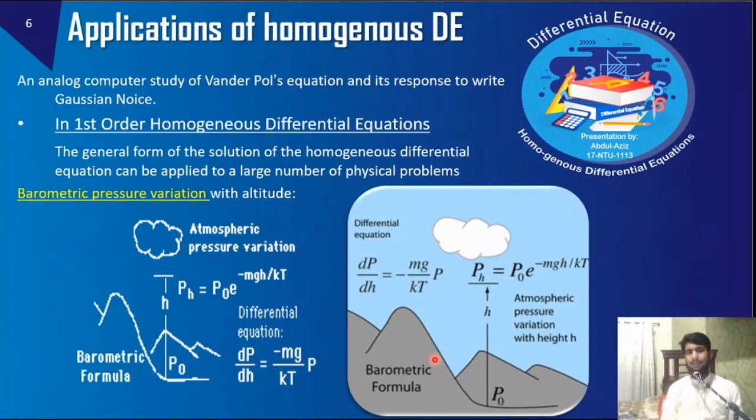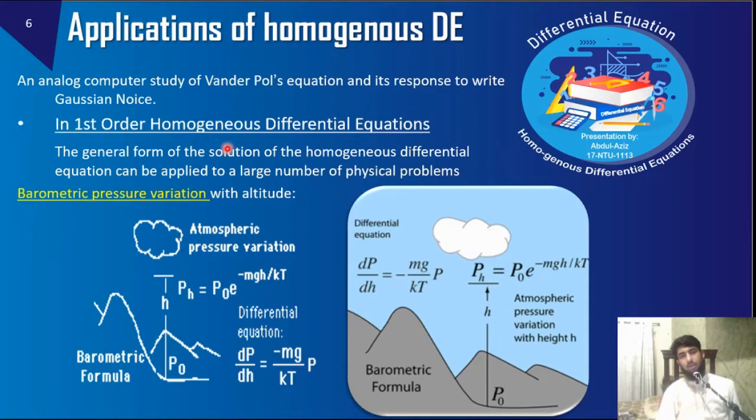So here are some applications of homogeneous differential equations that lie in the daily routine of our life, so let's discuss them. An analog computer study of Van der Pol equation, its response to Gaussian noise, which means that Gaussian noise is also performing some kind of homogeneity of differential equation, or this application is implemented in some way, that Gaussian noise is proportional to the homogeneous equation.